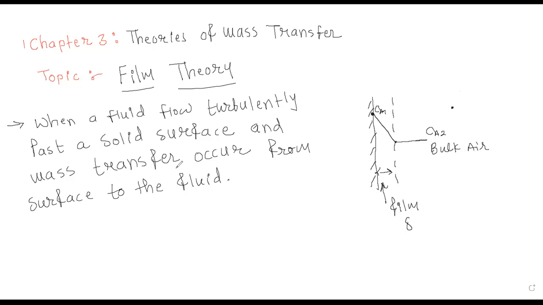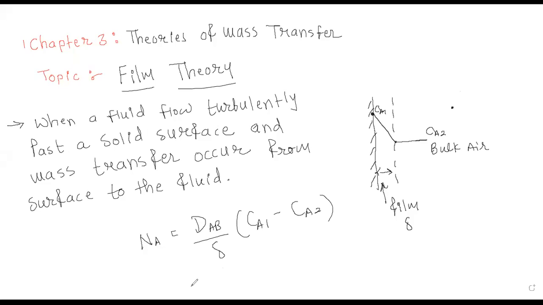So in film theory, due to the concentration difference across the film, with a film thickness delta, film theory predicts that Na is equal to DAB divided by the thickness of the film, multiplied by Ca1 minus Ca2.